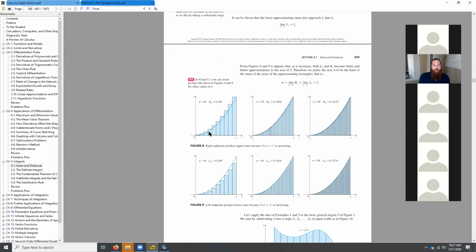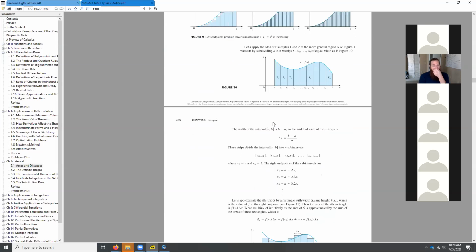If I use 10 rectangles, I get an okay approximation for the area. If I use 30 rectangles, it's getting closer. They say that the exact area they know ahead of time is 1/3. And if I use 50 rectangles, I'm getting really close, 0.3434. That's really, really close to 1/3. So as n, the number of rectangles, goes to infinity, this becomes exact.